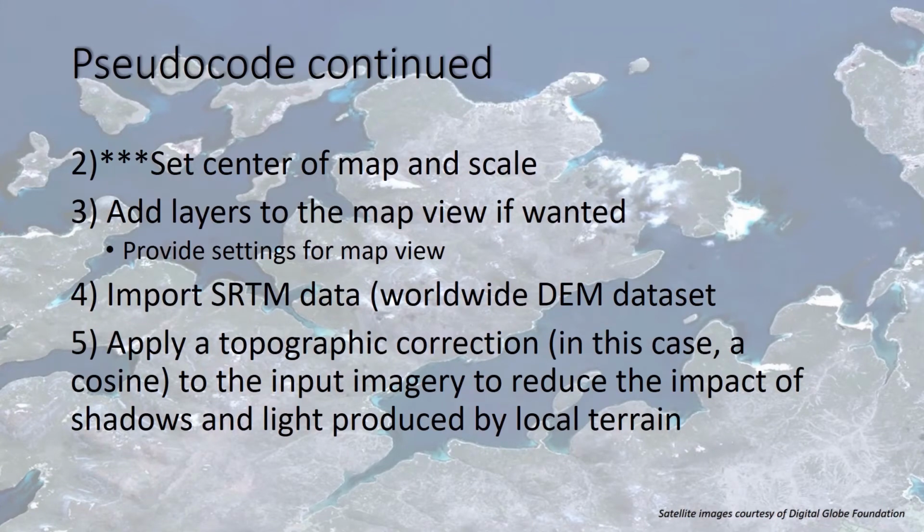Then you set your working area. You set where the center of your map is going to be, and then the working scale that you want it to be at, whether you're zoomed in or zoomed out. Is that where you would clip it? You could do that even before you started, because you can do that graphically with that little polygon. Oh, okay.